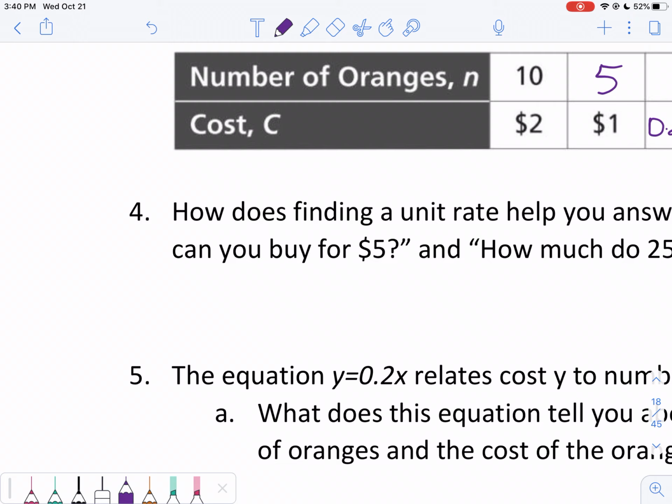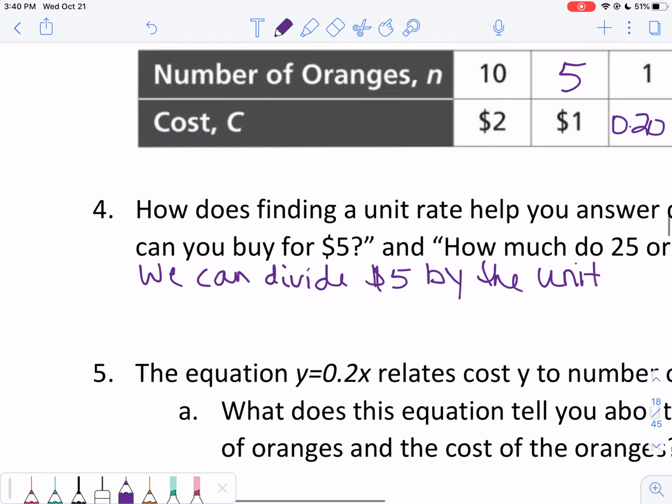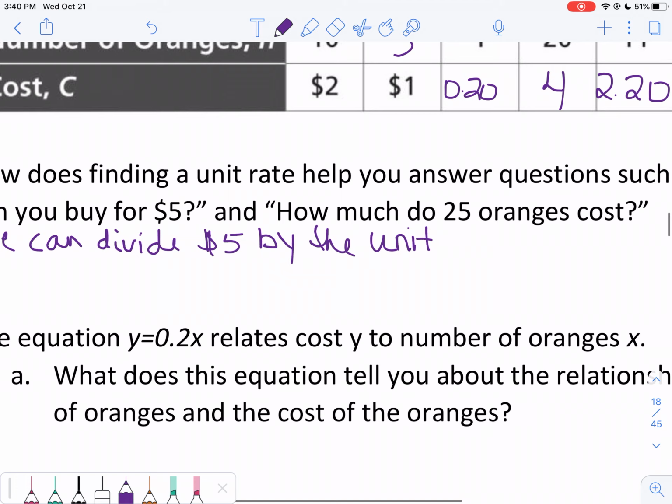Well, we can divide $5 by the unit rate, right? And that would give us the answer.